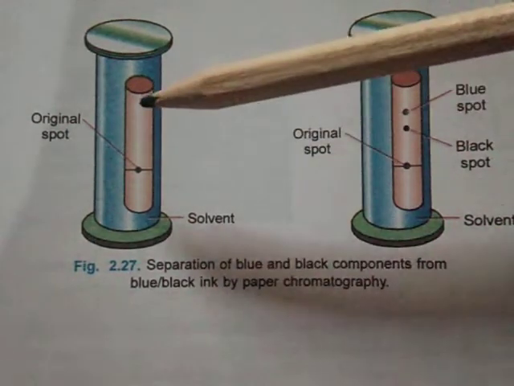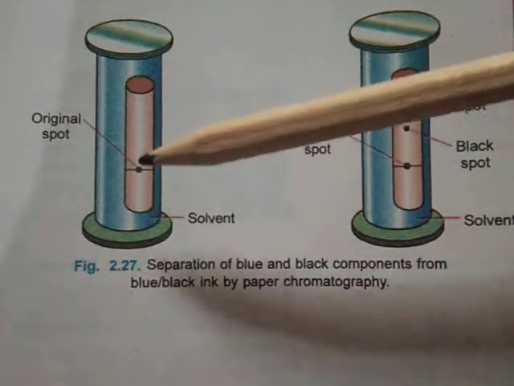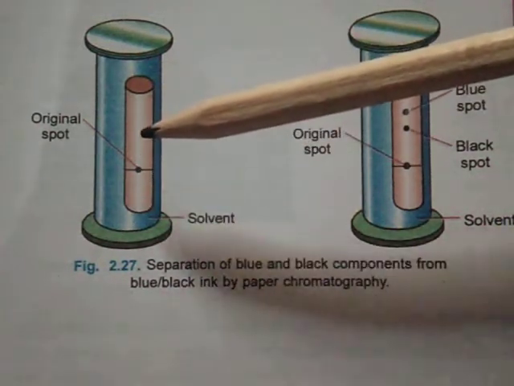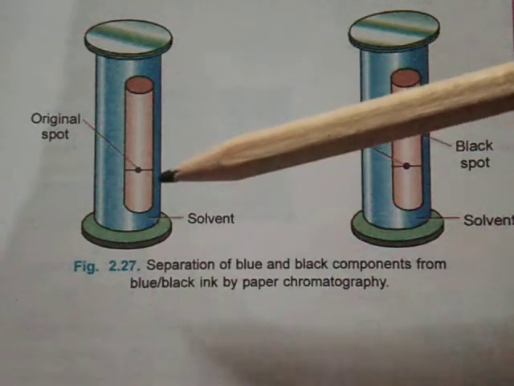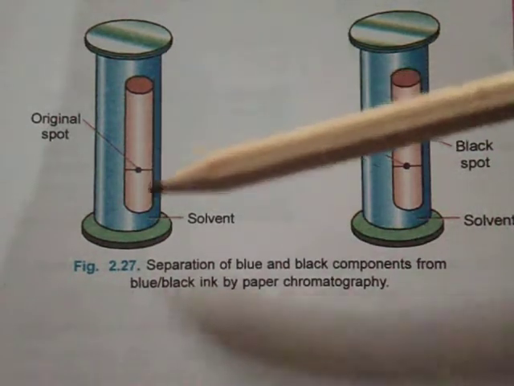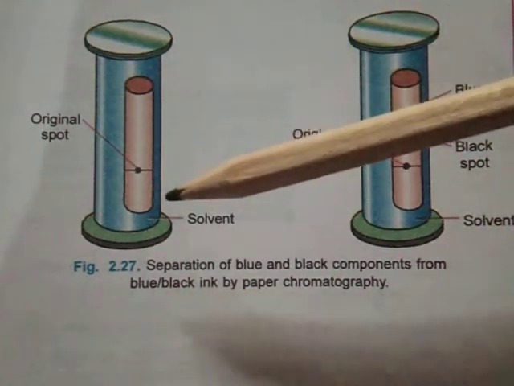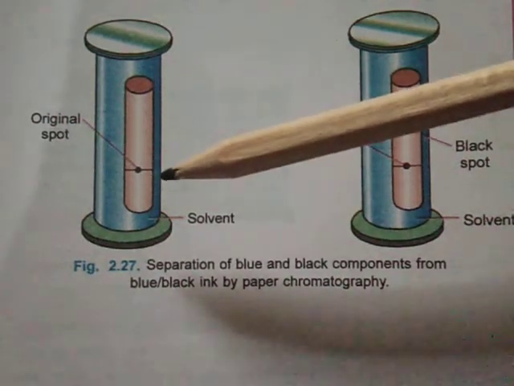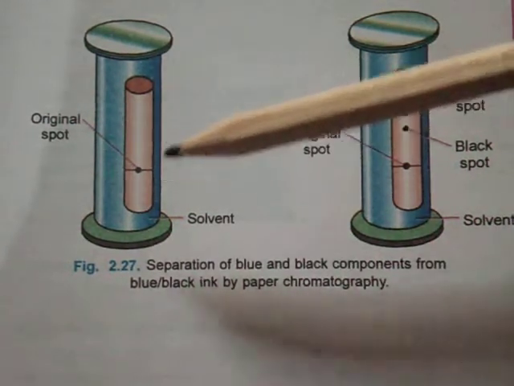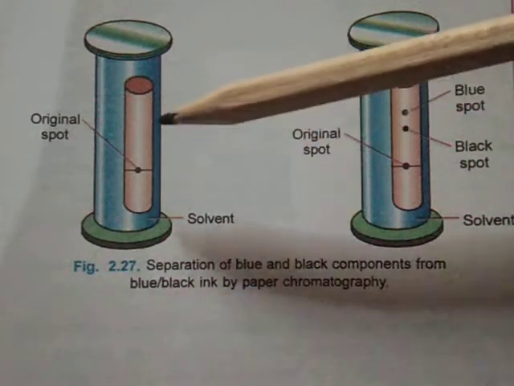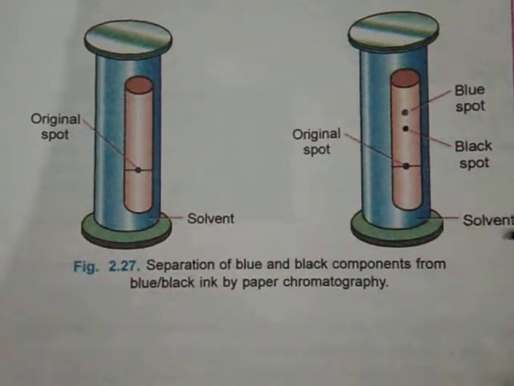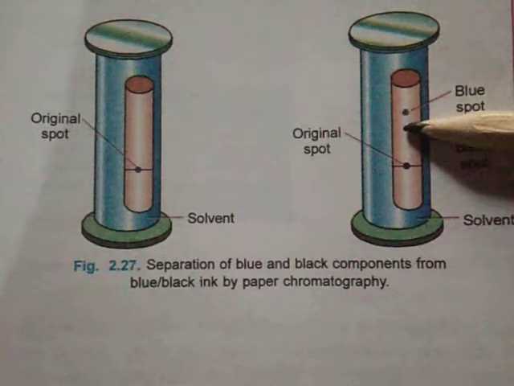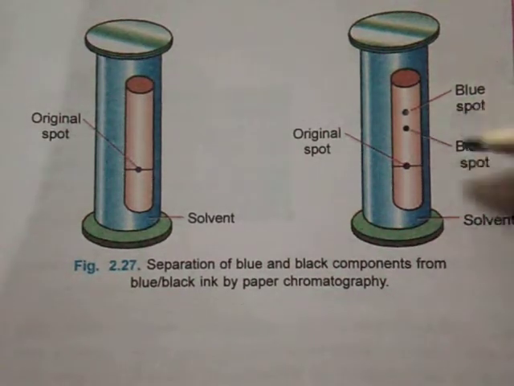Due to capillary action, the water rises upward, and the blue black ink, that is the mixture of blue and black dyes, both the components present in the mixture will rise upward like this. After some time, you will observe this thing.